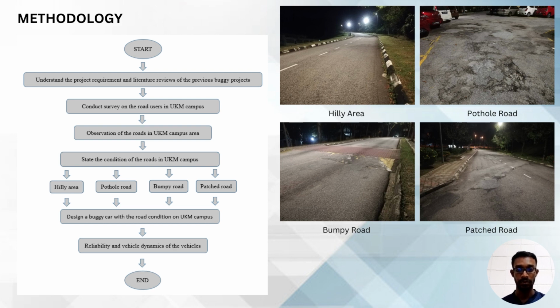We found four main problems, which are hilly area, pothole road, bumpy road, and uneven road. And then we design a buggy car with the road condition on UKM campus. Then we calculate the reliability and vehicle dynamics of the vehicle. And then we obtain the result and the project ends.